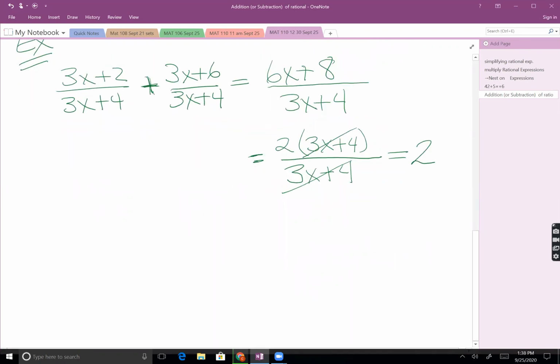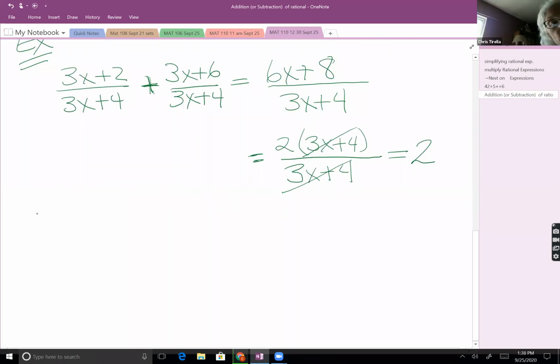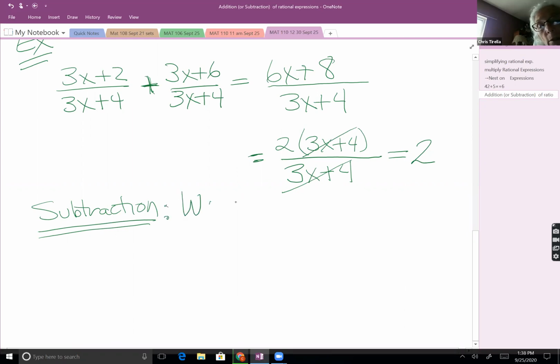Instead, if they already have a common denominator and we're subtracting, my directive to you with subtraction is make sure to watch your signs.